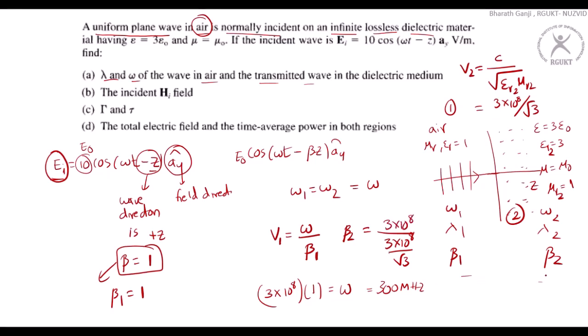That gives beta 2 equal to root 3 radians per meter. So I have the value of beta 1 and the value of beta 2.